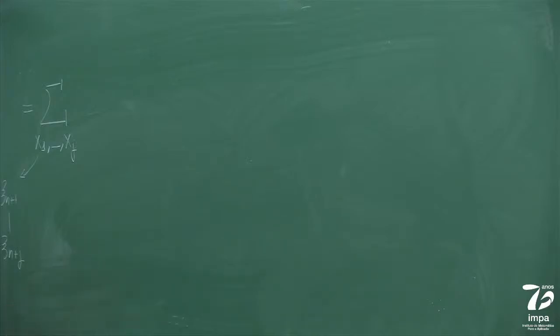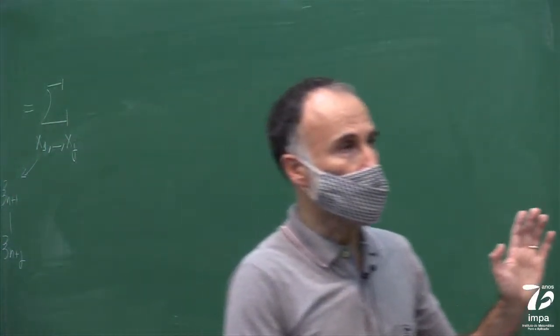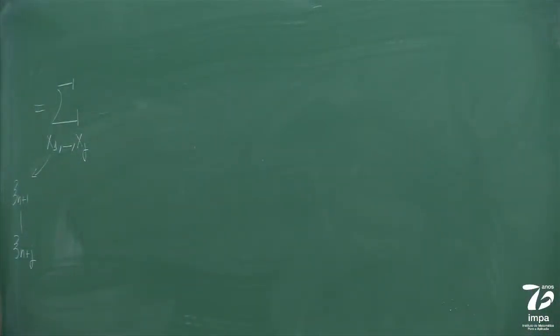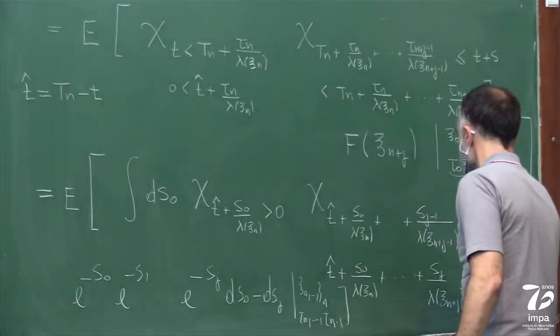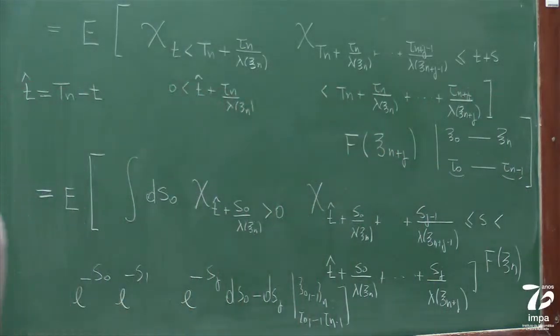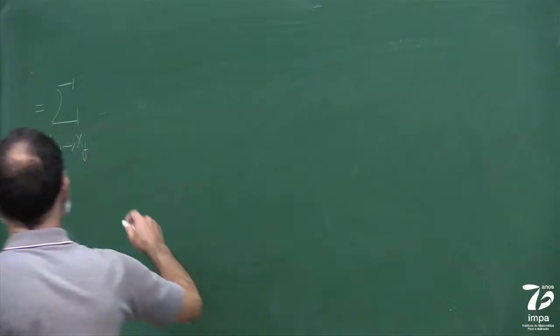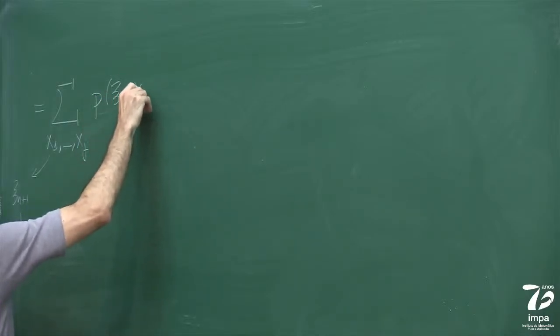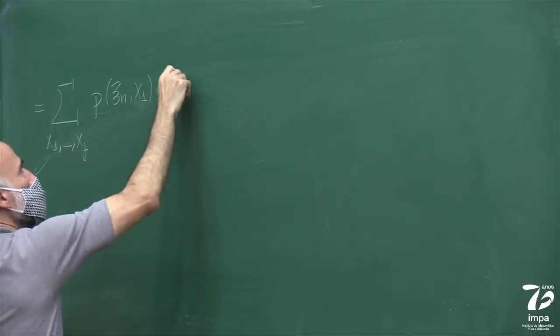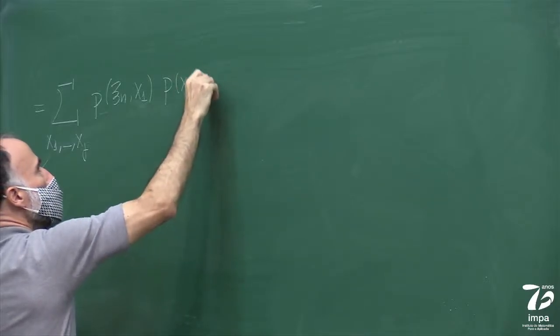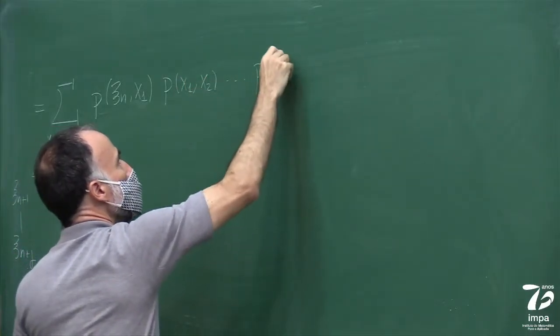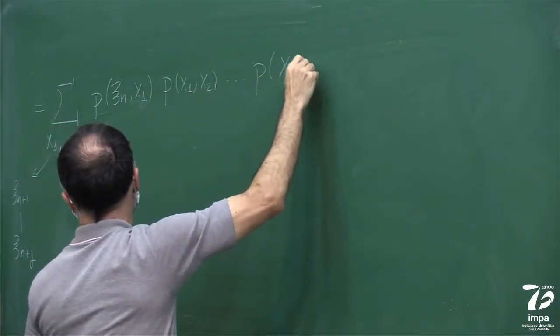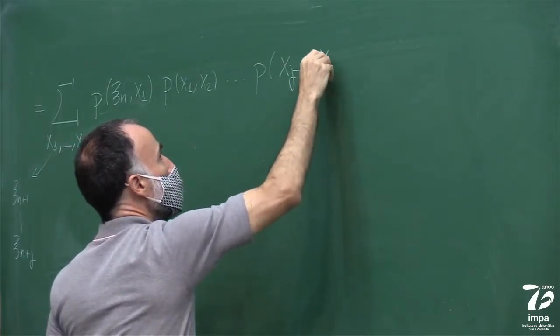I know that this is a Markov chain, and I'm conditioning up to xi n. So it's like starting a new chain at time 0, starting from xi n. So what I get is the probability to jump from xi n to x1, from x1 to x2, up to from xj minus 1 up to xj.